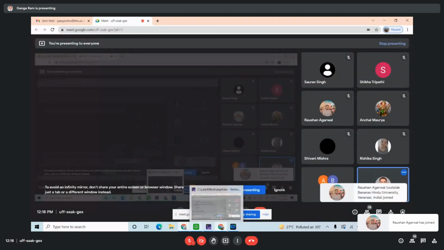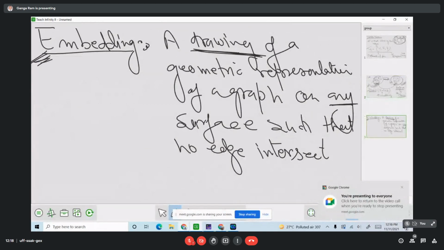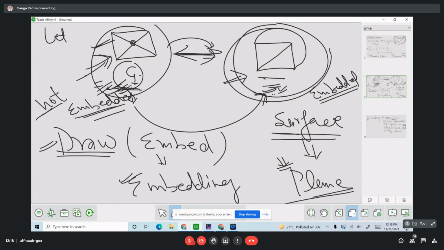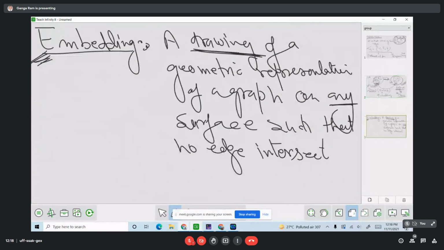Clear? So I think embedding is clear. Now, because I am saying that in place of surface, we will take plane. Okay, so if this surface, where is surface here, if we replace this surface by plane, this embedding is called plane representation, not planar.